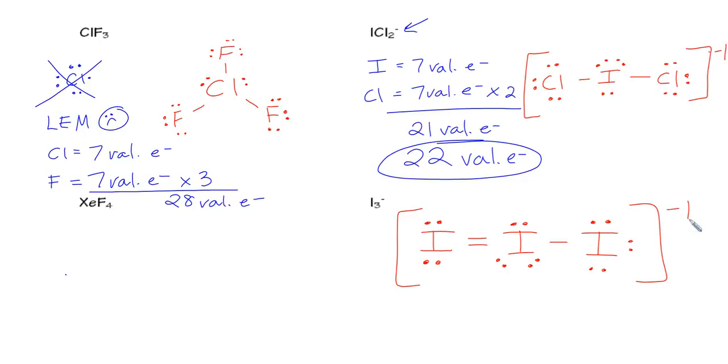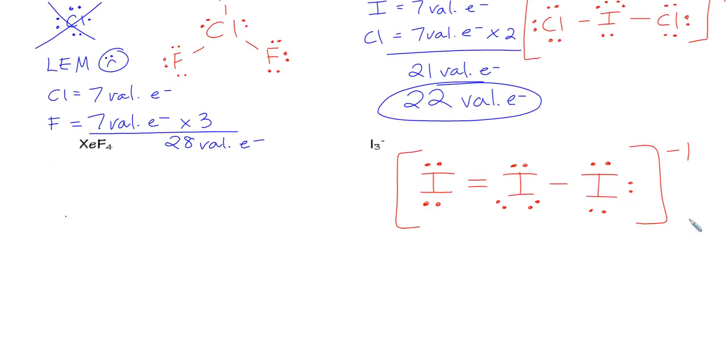Check this xenon tetrafluoride. This is a fun one. Xenon? What are we doing drawing a Lewis structure with xenon? It's a noble gas, right? It is. Well, little noble gases like helium and neon, they really don't have any interest in bonding. They're very stable.